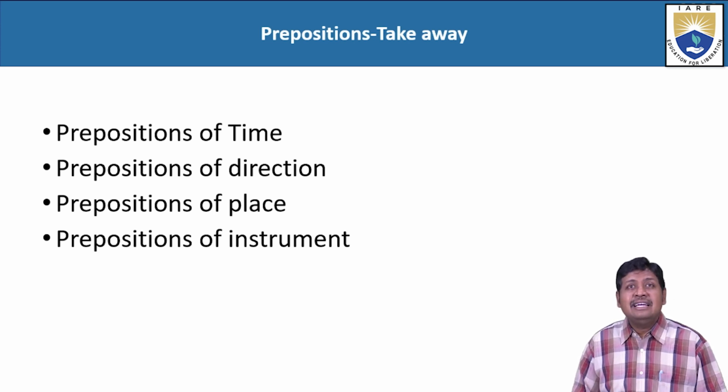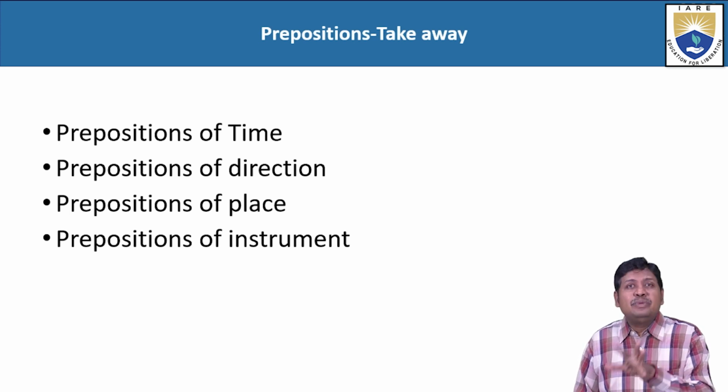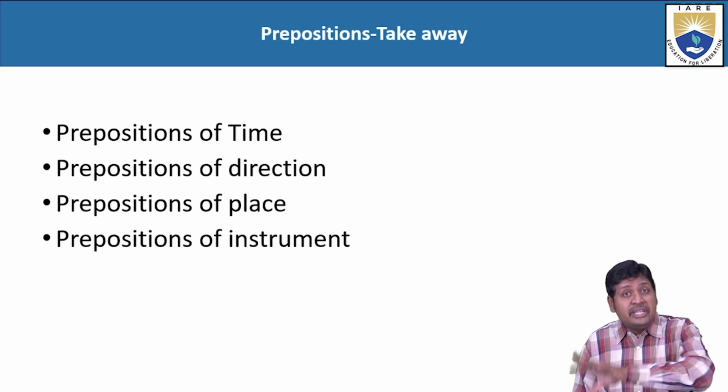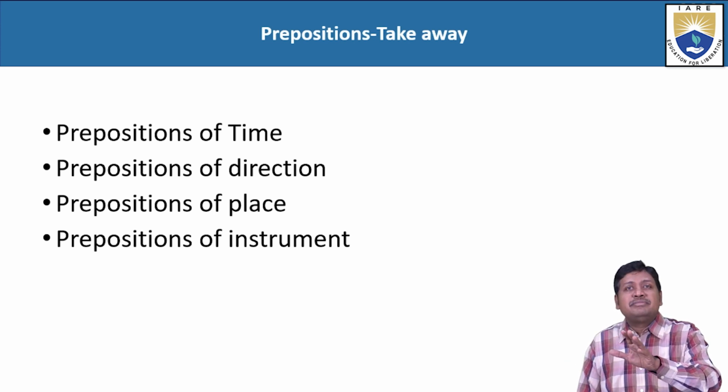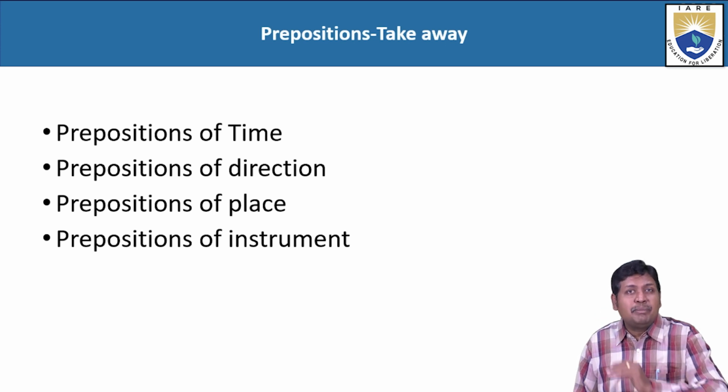Let me say it again. He is a miser, he doesn't like to part with his money. Money is a thing, right? So part with. Whereas when it is used in the case of individuals, we always say part from. The bride had tears in her eyes while she was parting from her parents.